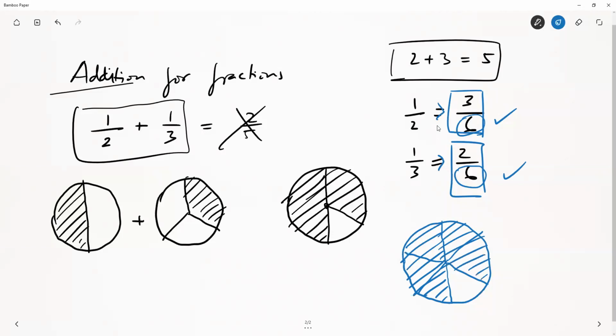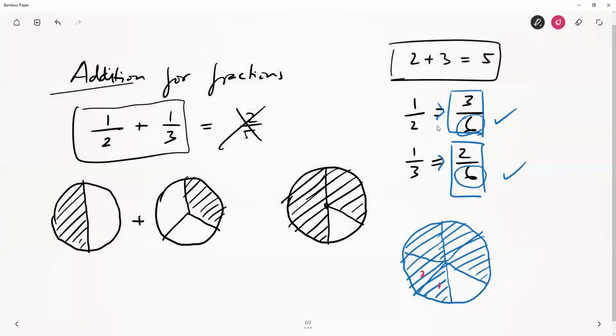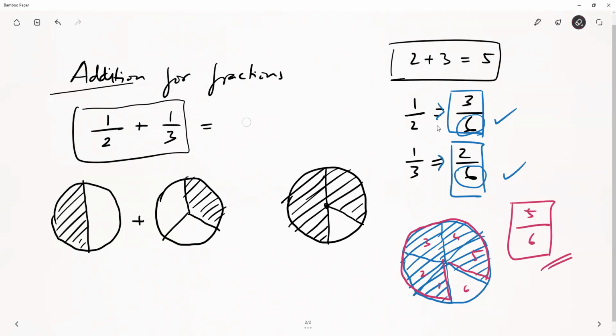So if you look at how many sections we have here, this is 1, 2, 3, 4, 5, and therefore the shaded area that we have here is now 5 out of 1, 2, 3, 4, 5, and 6. So 5 on 6. Now they will start to ask, how can we get this number? Right, and then we need to go back again.